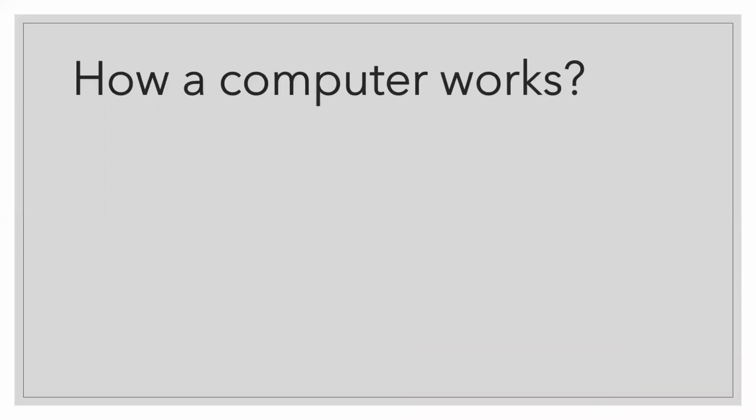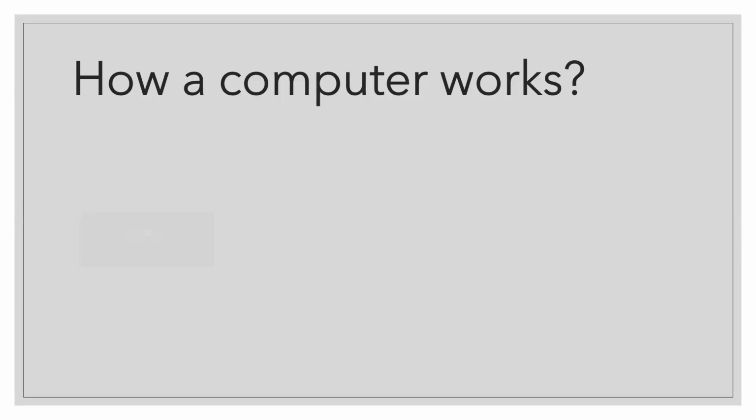Okay, then how does a computer work? We have learned about the computer, or digital computer, but how does it work? Anyone have any ideas? Okay, a computer works in three steps.